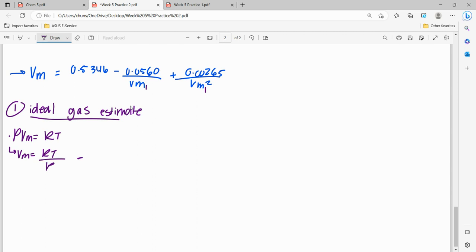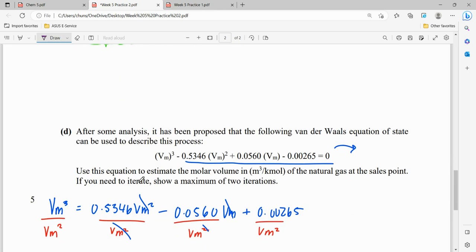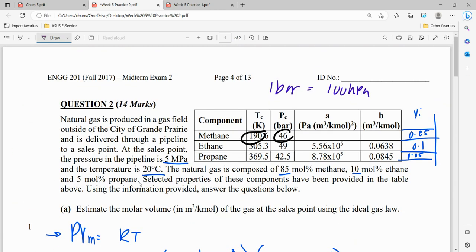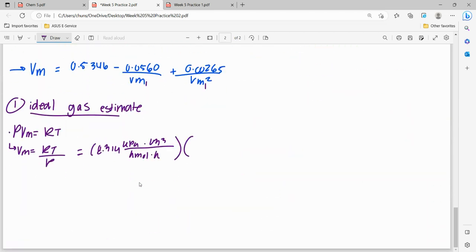So RT over P, and this is given by 8.314 kilopascals times meters cubed per kilomoles times Kelvin. Our Kelvin of our system, so we're going to go back to the very top at our sales point, which is 20 degrees Celsius, so that's 20 plus 273.15 to turn it into Kelvin.